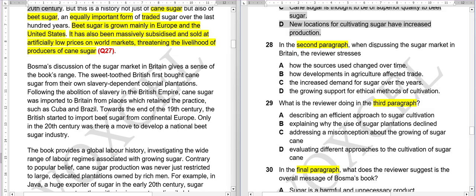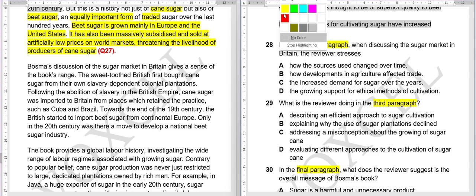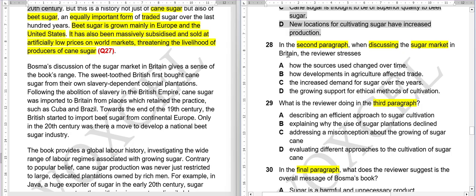In the second paragraph, when discussing the sugar market in Britain, the reviewer stresses. What we're doing is discussing the sugar market in the second paragraph, and that market is in Britain, and we have to find what the reviewer stresses. Stresses means emphasizes, puts focus on how the sources used changed over time.